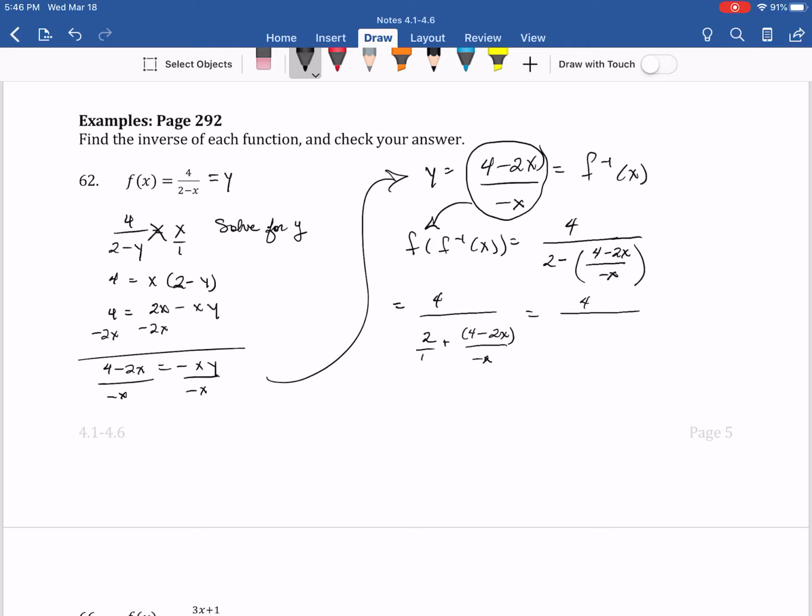I'm going to make both of these negatives into a positive. Get the common denominator.